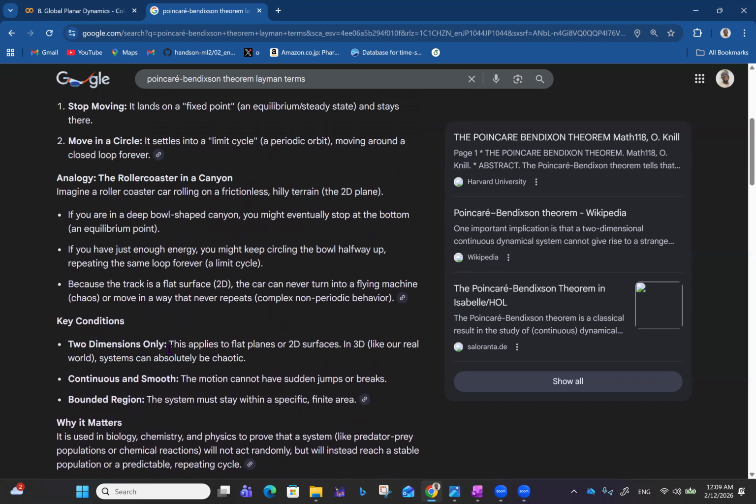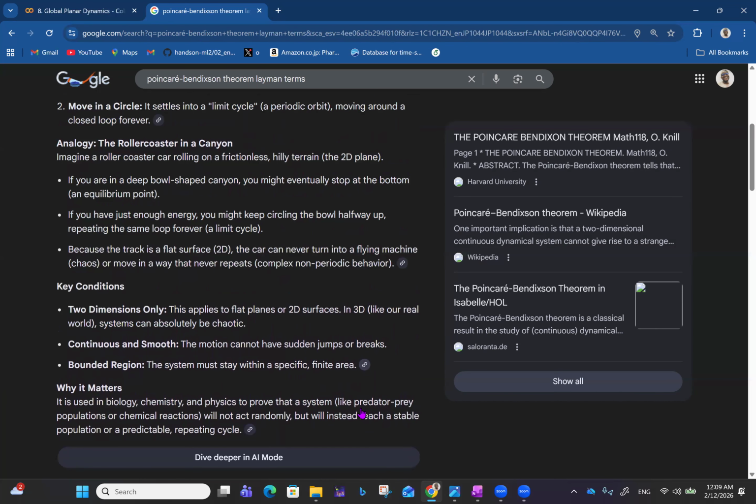So the key conditions: we have two dimensions only. This applies to flat planes or 2D surfaces. In 3D, like our real world, systems can absolutely be chaotic. So there's no chaos in 2D. That's the summary of the Poincaré-Bendixson theorem. The motion must be continuous and smooth; it cannot have sudden jumps or breaks. Then, bounded region: the system must stay within a specific finite area. Why does this matter?